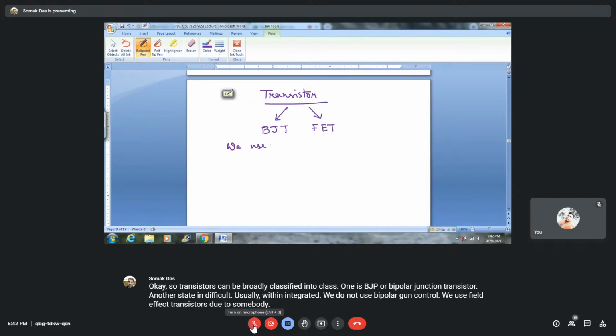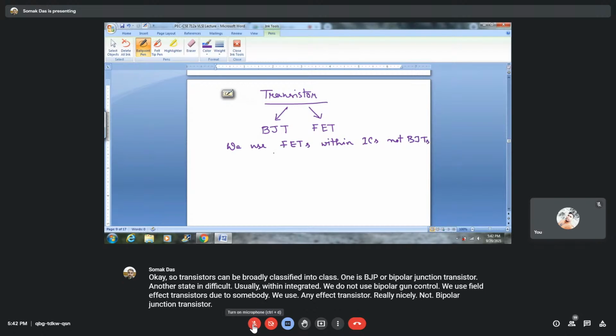We use field effect transistors within ICs, not bipolar junction transistors, due to the following reasons. The first one, field effect transistors are unipolar devices.